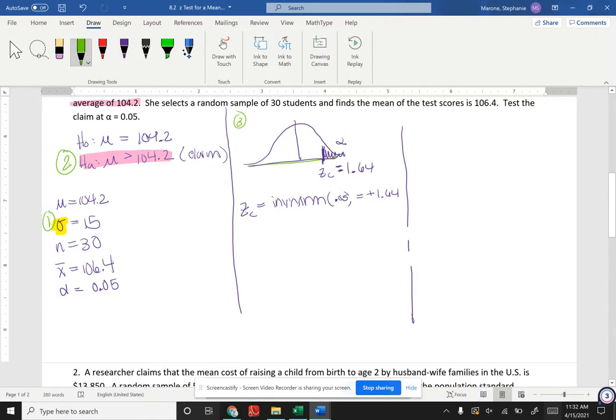So that is the critical value, and we say that it's Z sub C. Some people write Z sub alpha or Z sub alpha over 2 or Z sub 0. If it has some subscript, it means it's that inverse norm. Remember that the shaded part is the rejection region and the not shaded part is the non-rejection region.